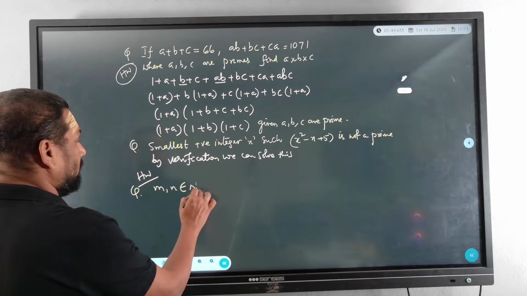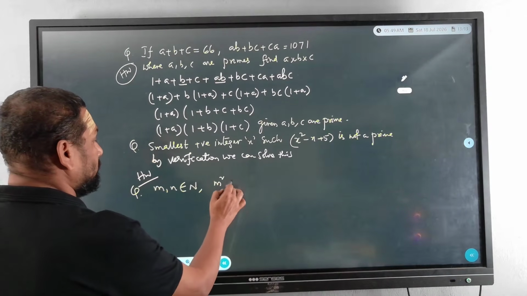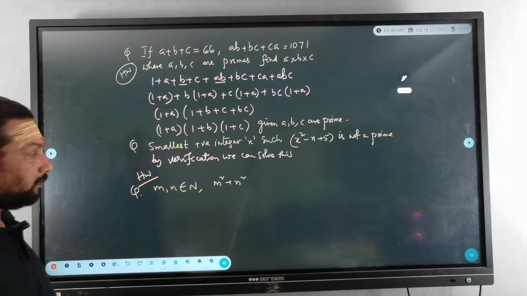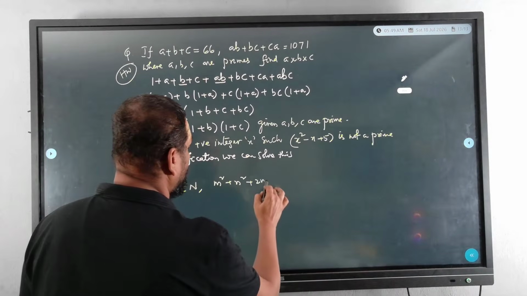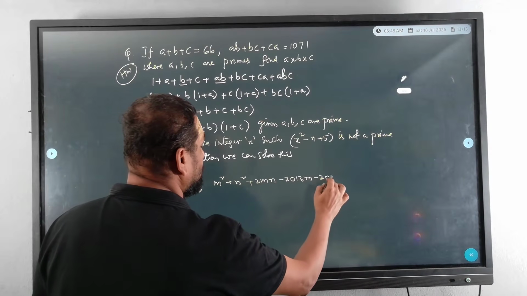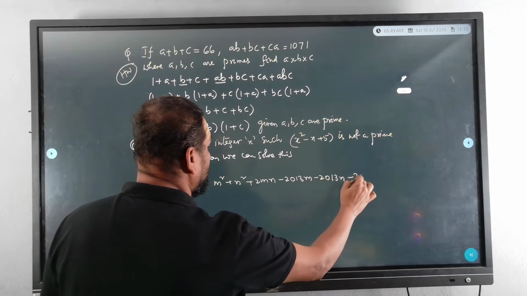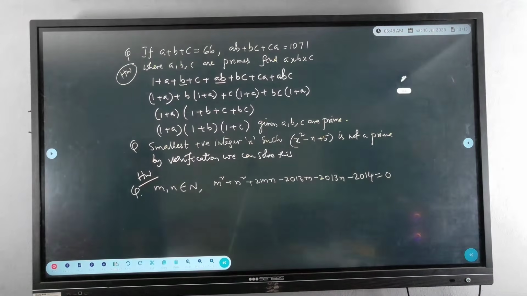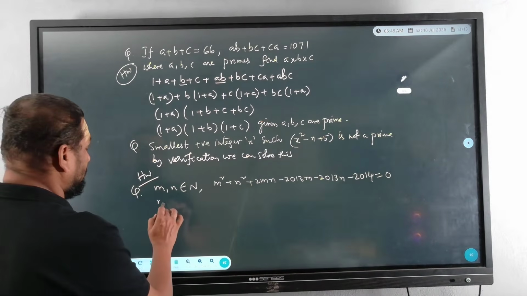m, n belongs to N, m square plus n square plus 2mn minus 2013 m minus 2013 n minus 2014 equal to 0. Number of pairs of m, n.